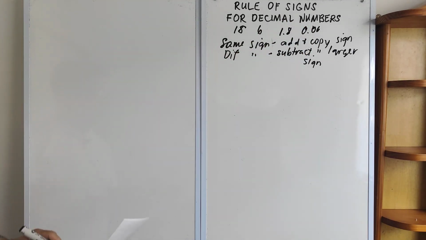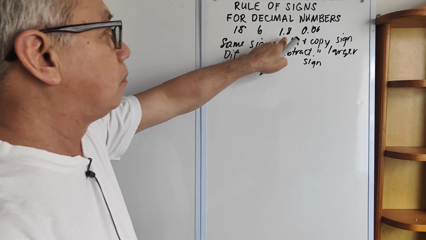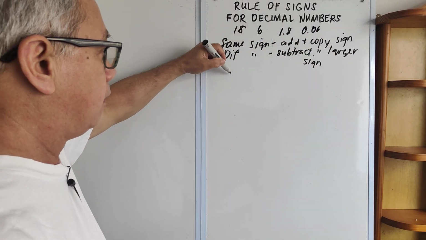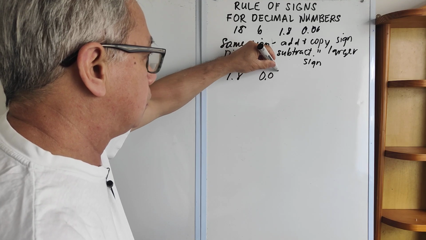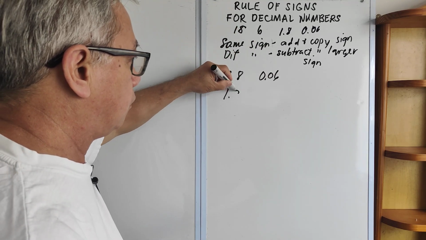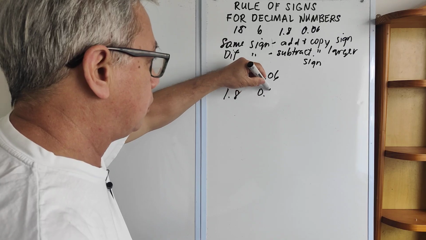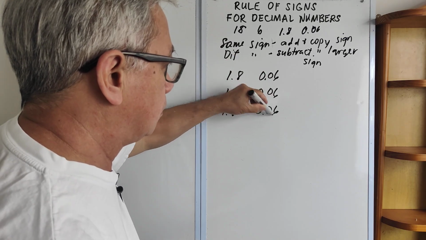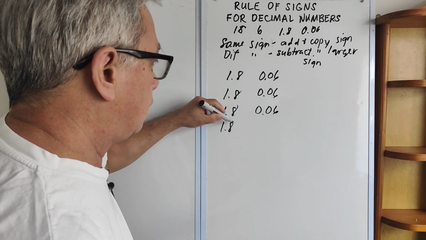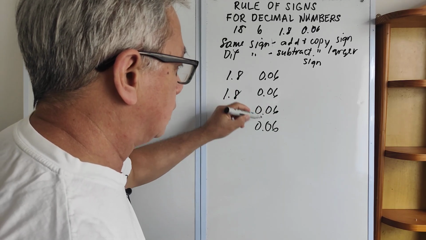So let's say we will first write 1.8 and 0.06, four times: 1.8, 0.06, 1.8, 0.06, 1.8, 0.06.